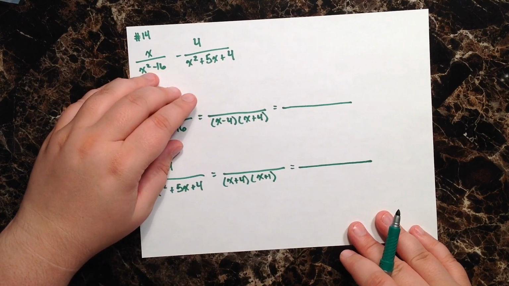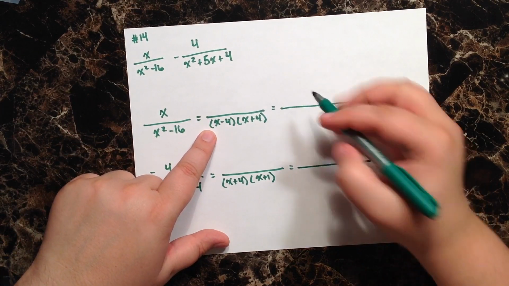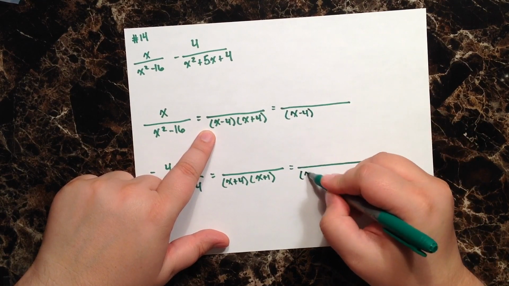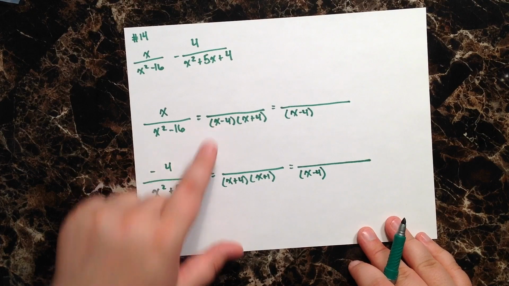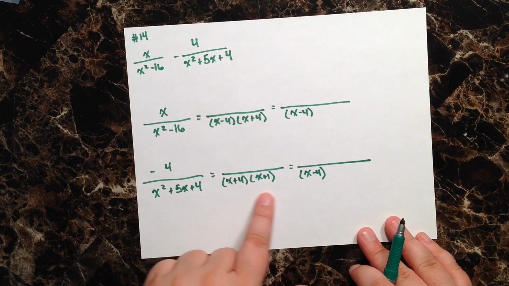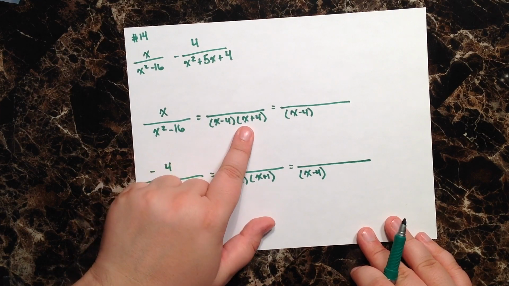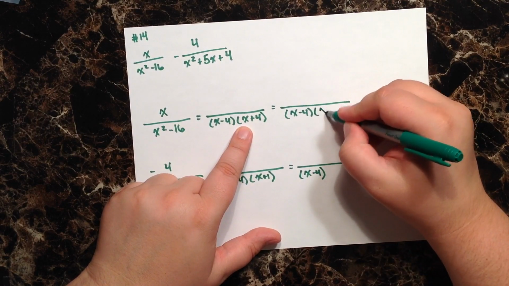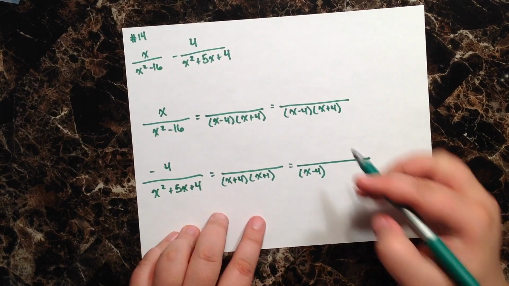In the first fraction, I have an x minus 4, so my common denominator has to include that. I don't have an x minus 4 in the bottom, so let's make note of that. I have an x plus 4 on top and an x plus 4 in the bottom, so that's good.